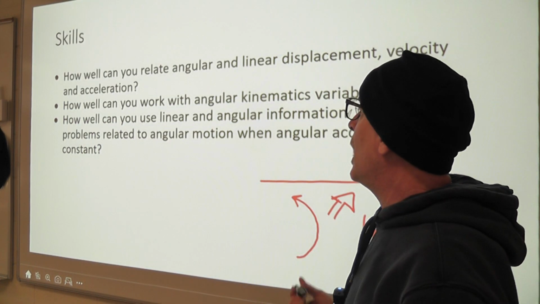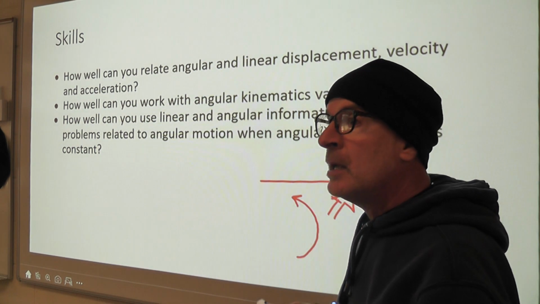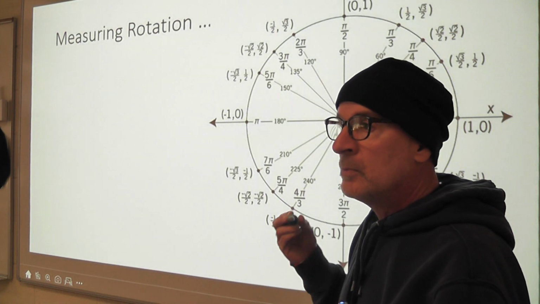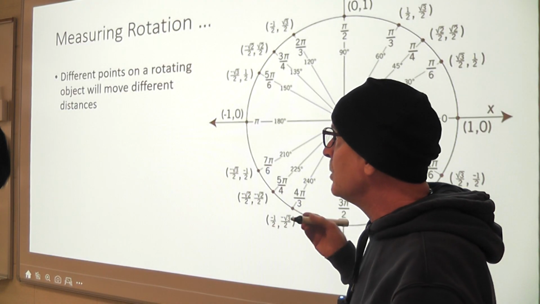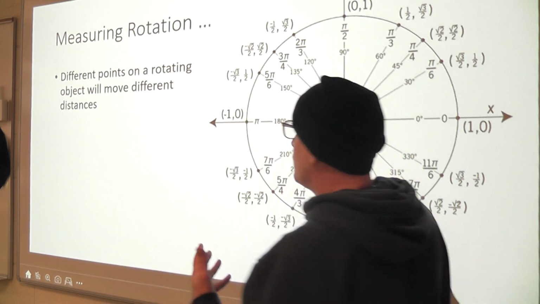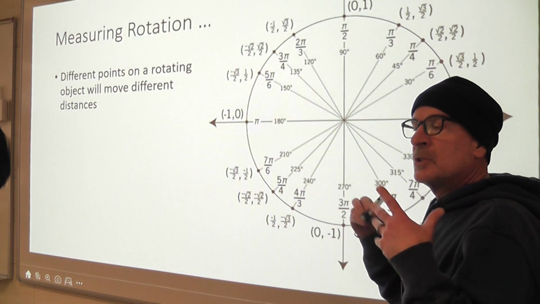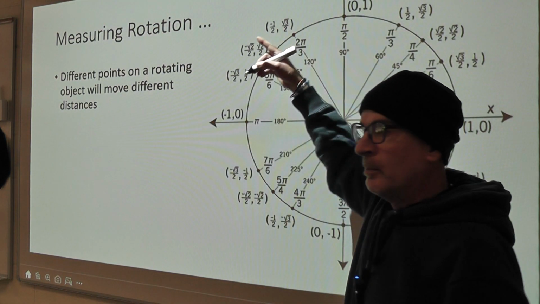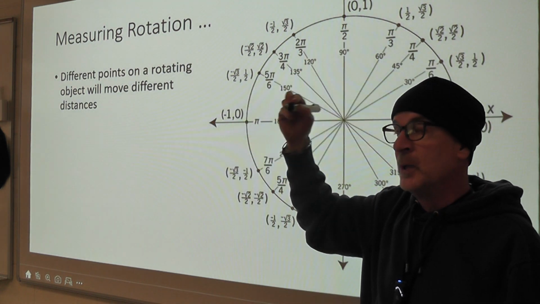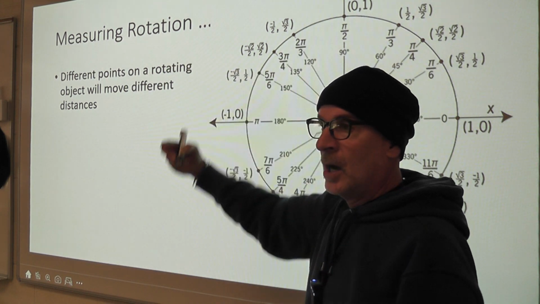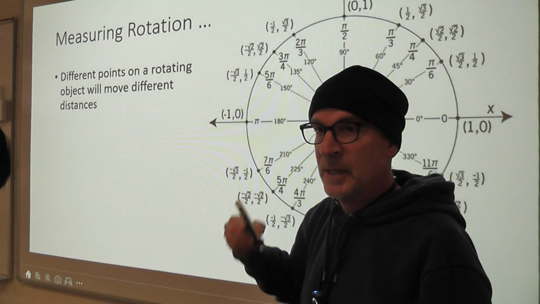All right, so I mentioned on Tuesday that when it comes to measuring rotation, we typically are going to use radians. So just to clarify a little bit, when we think about objects that are rotating and moving on a circular path, like if this right here were a rotating platform, like a record player, and we were viewing it from above, and it was spinning counterclockwise, which is often how we're going to think about things spinning.